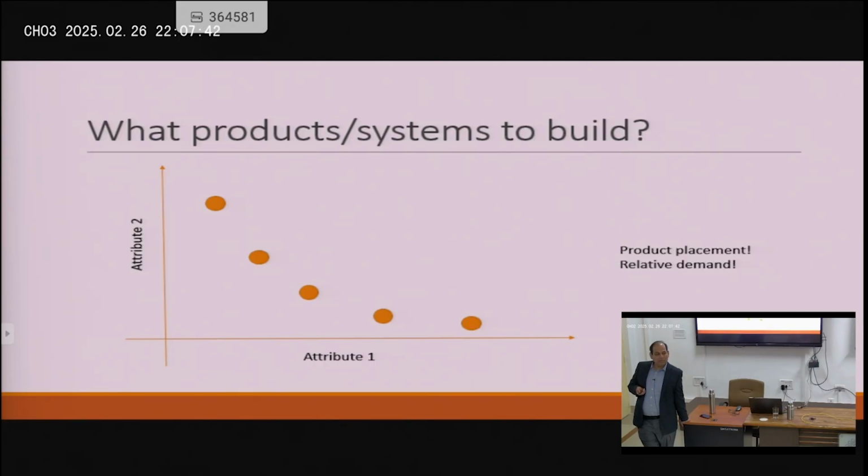I don't just have one product or system. I have multiple competing products in the marketplace, right? I have to think about product placement. I can sell something that is really high on attribute 1, the bottom right, and really low on attribute 2, and the top left, which is really low on attribute 1 but really high on attribute 2, and anywhere in between, okay?